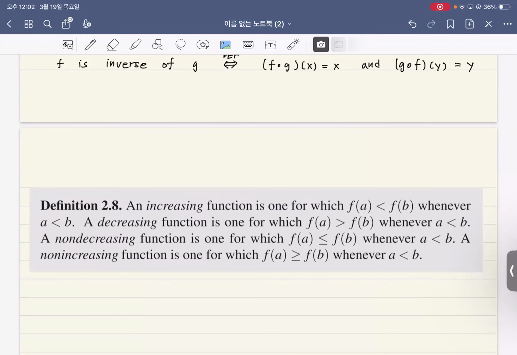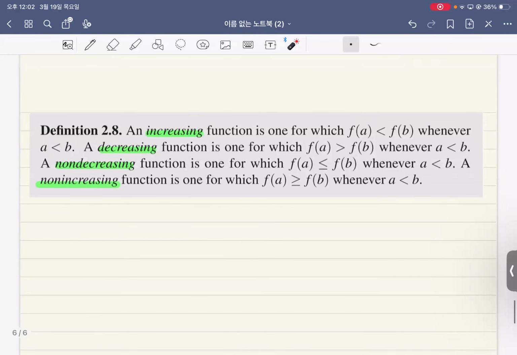Okay, so this is the definition of an increasing function. If a is less than b, then f of a is less than f of b. So this is the increasing function, and the decreasing function is defined very similarly. Non-decreasing and non-increasing functions are slightly relaxed conditions compared to increasing or decreasing functions.